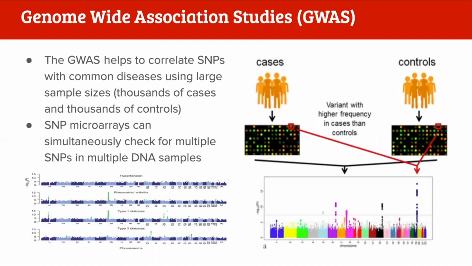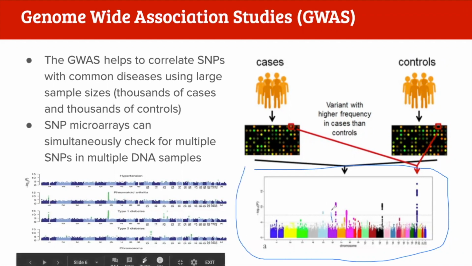So the genome-wide association studies helped to correlate SNPs with common diseases using large sample sizes. They got thousands of cases, so thousands of people with a certain disease, and then thousands of controls. And they basically just mapped out their DNA. In this little graph down here, you can see that there's certain dots that align to be higher than others.